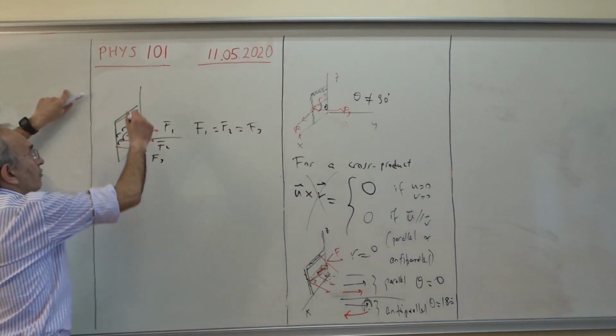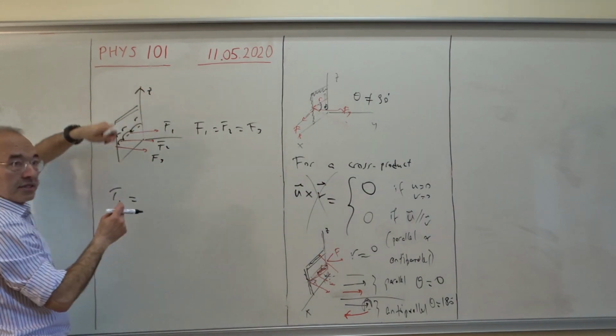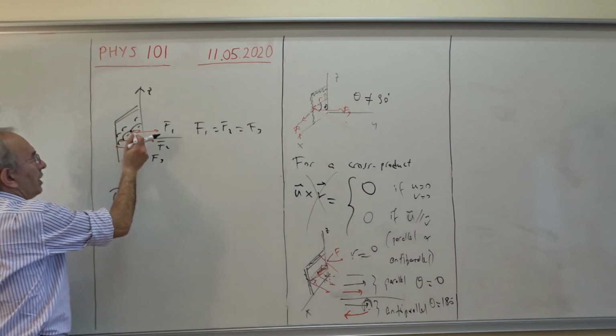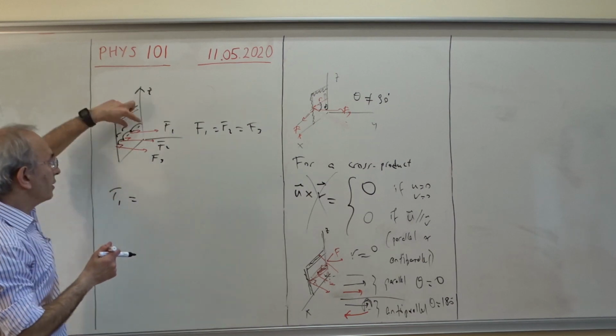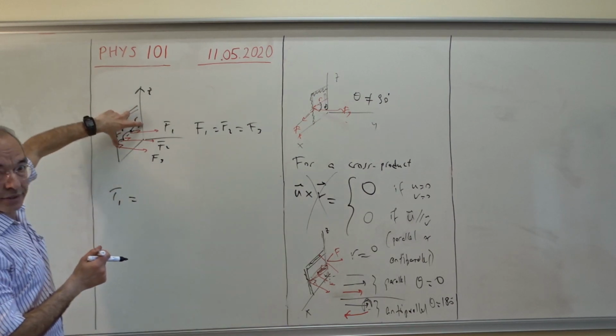But the distances, the radius from the axis is different. 1R, 2R, 3R.